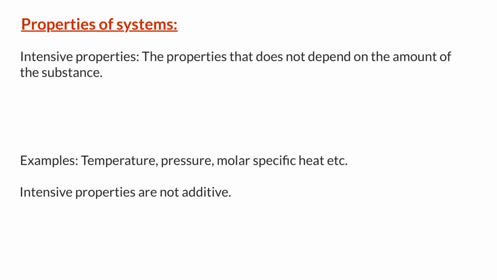Next, let us discuss what an intensive property is. Intensive properties, on the other hand, do not depend on the amount of the substance. For example, the density of an ideal gas is an intensive property. As you increase the amount of ideal gas, its mass increases and its volume also increases, assuming the pressure and temperature are kept constant.